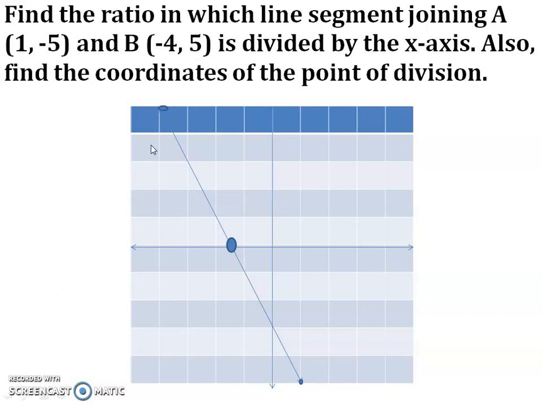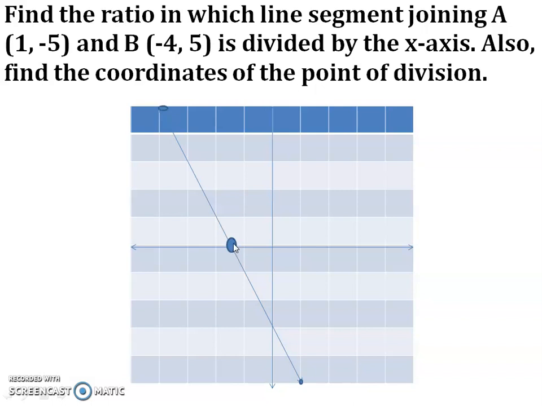I have depicted the points on this graph, this is B, that is minus 4, 5 and this is 1, minus 5. You can see that the line goes through x-axis and you have to find the coordinates of this point.